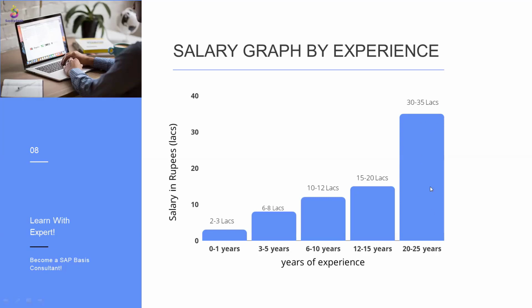For 20 to 25 years of experience in Accenture, it will be around 40 to 60 lakhs. I have mentioned the minimum salary with CMM level 3 or CMM level 1 here.